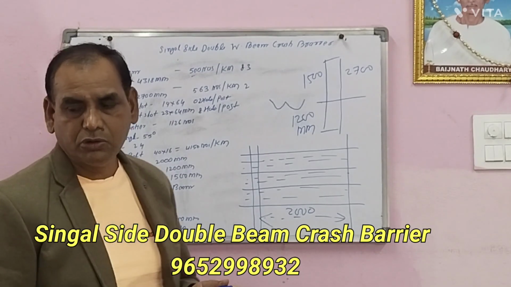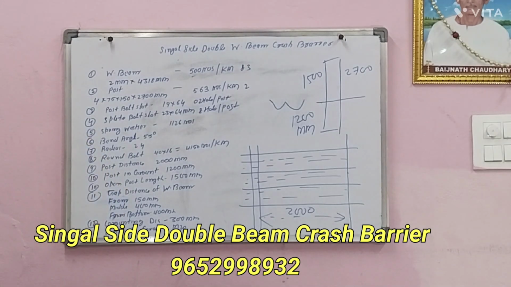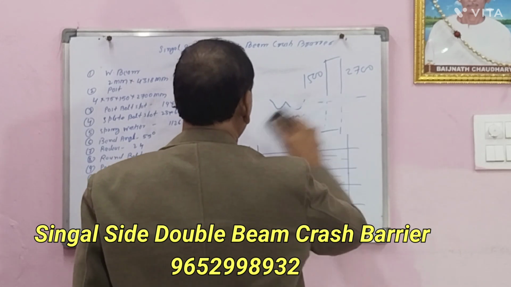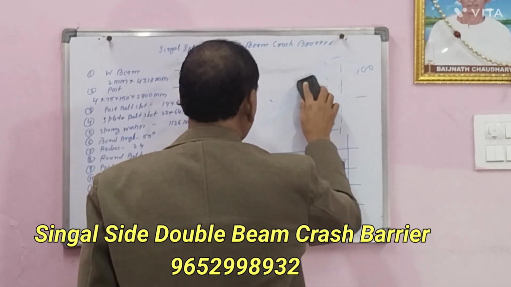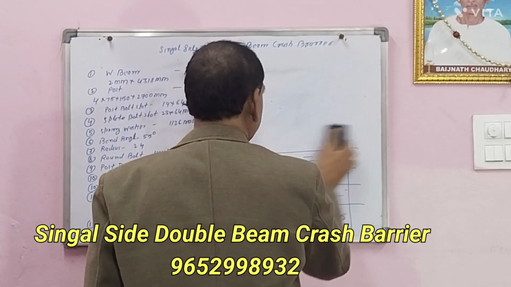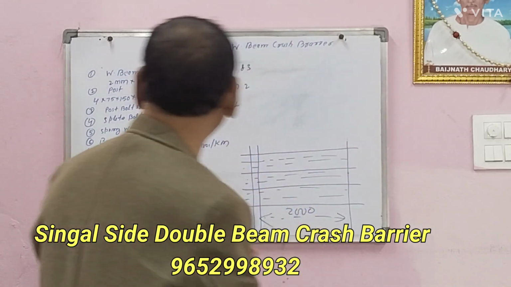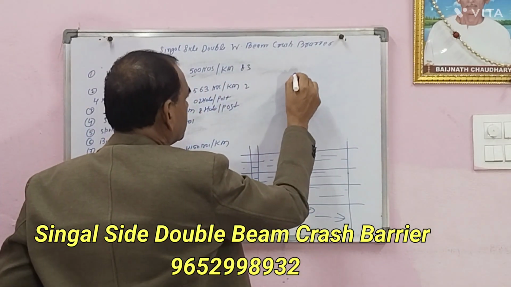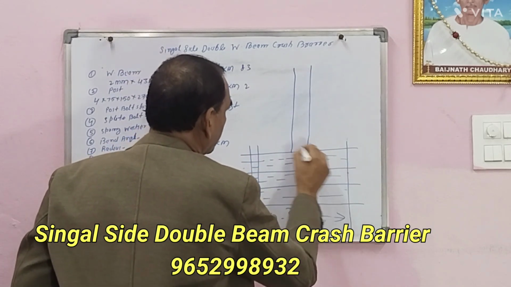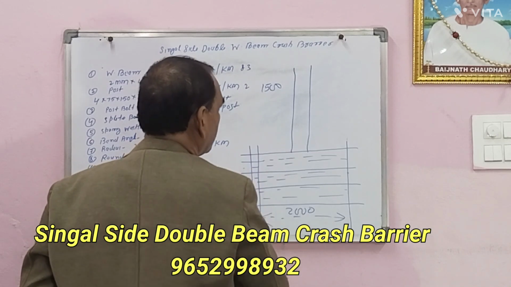And in the open area, how to maintain the W beam? Suppose the open area is 1500 mm.